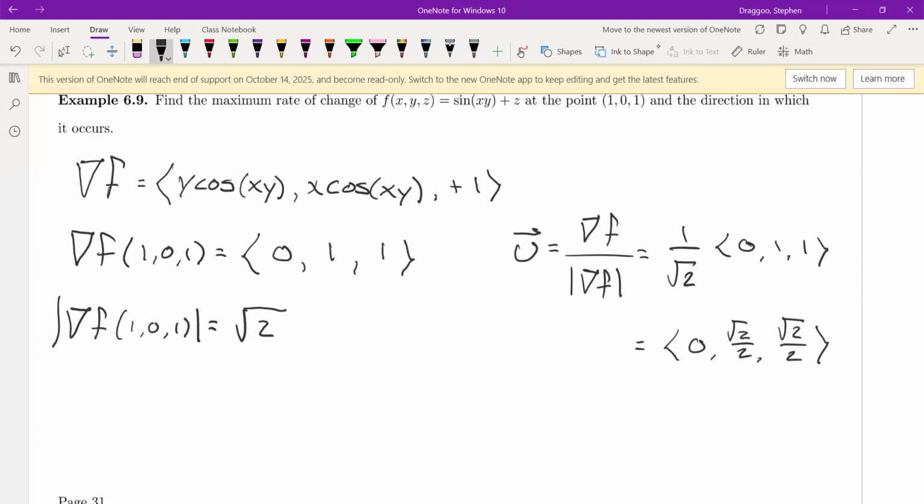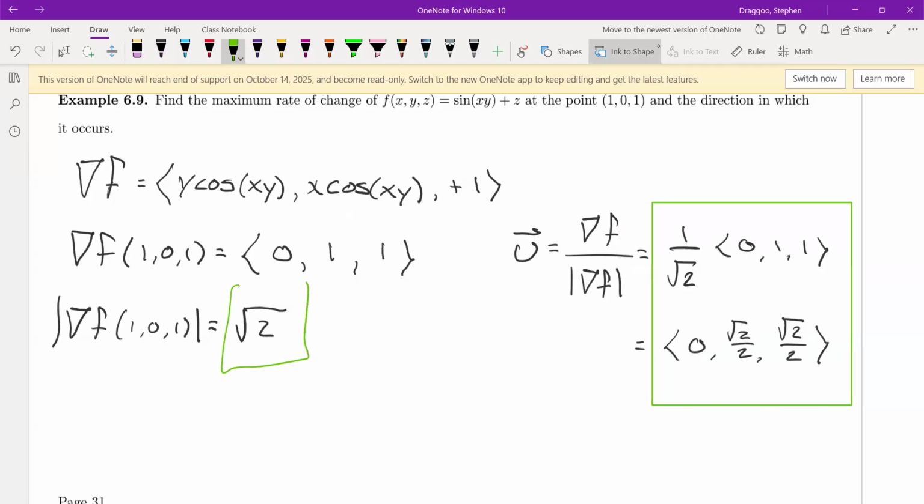But if you prefer everything multiplied in, maybe that second one would be slightly easier to work with in some cases. Either form is fine, and then also that was our magnitude.